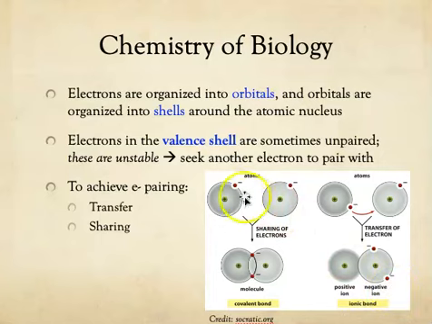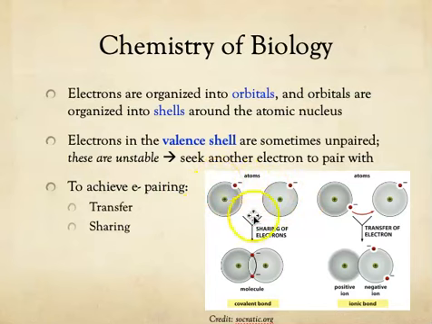Take a look at the diagram on this slide. On the left-hand side, we see a drawing of two different atoms. And you can see the atomic nucleus in the center, and then this gray area, which represents that sort of cloud of electrons buzzing around the atomic nucleus. So there are different numbers of orbitals and different numbers of shells depending on what element you're talking about here.